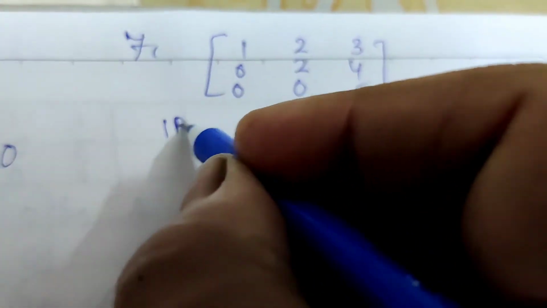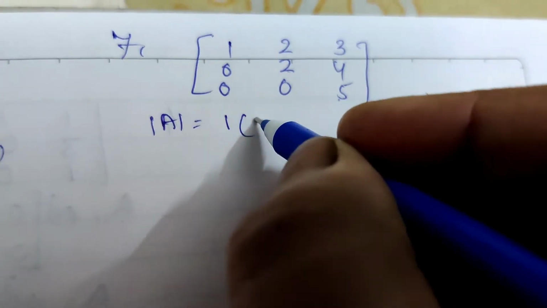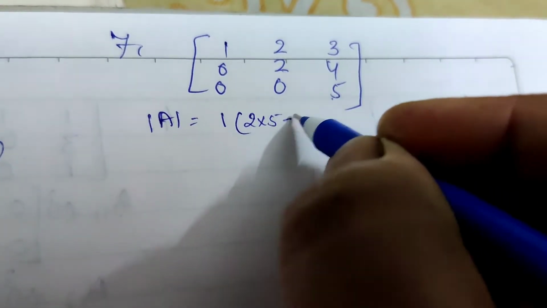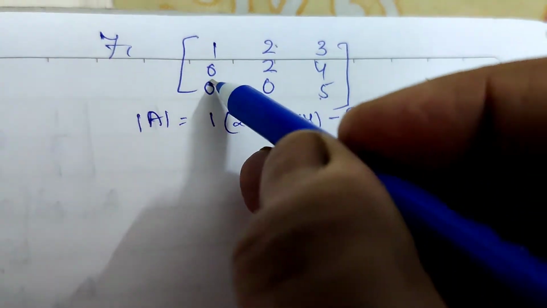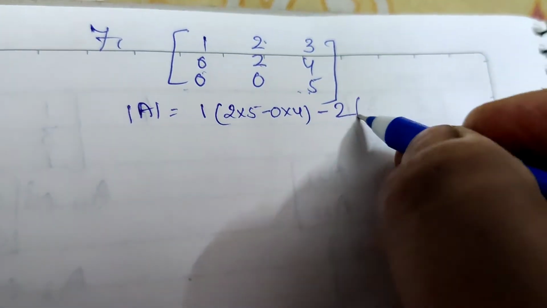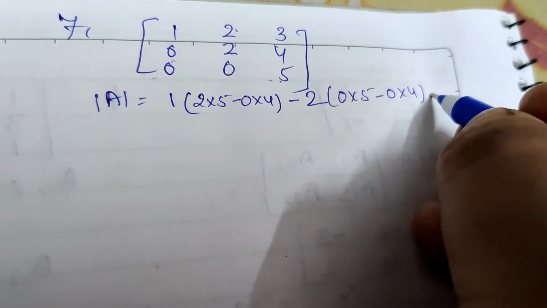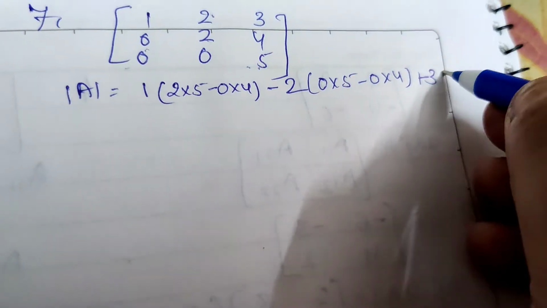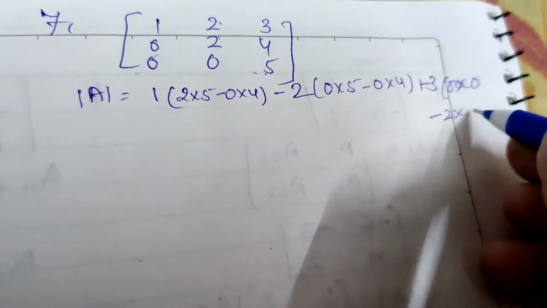This is question number 7. First we have to find the determinant value. The determinant value is 1 into 2 into 5 minus 0 into 4, minus 2, 0 into 5, minus 0 into 4, plus 3, 0 into 0 minus 2 into 0.